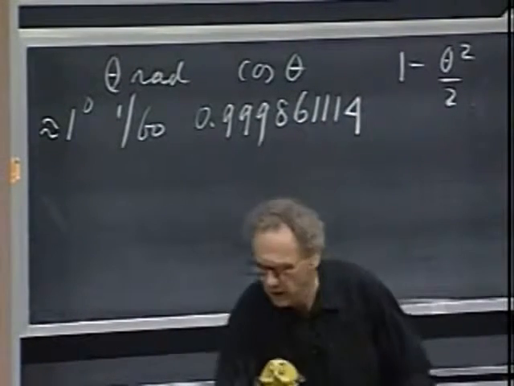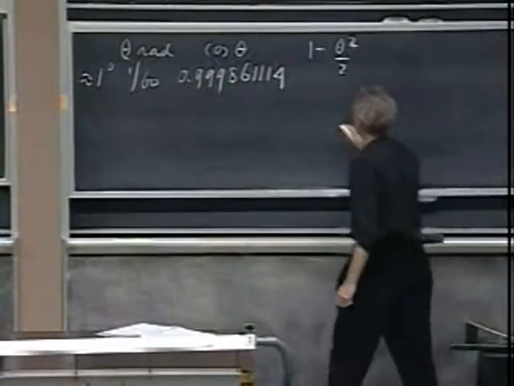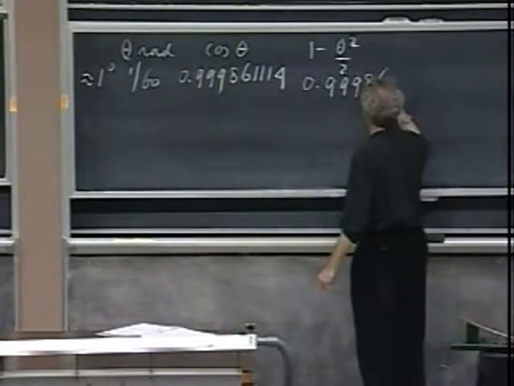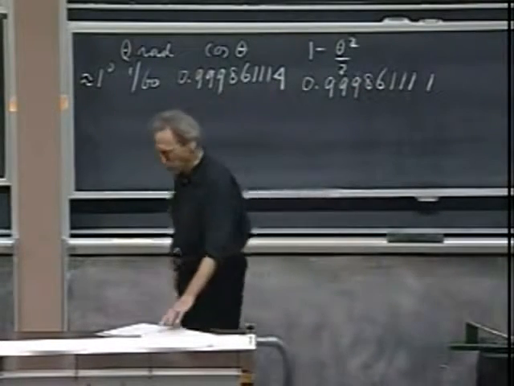Just use my calculator. Then I calculate what 1 minus theta squared over 2 is, and I find 0.999861111. That is very, very close.